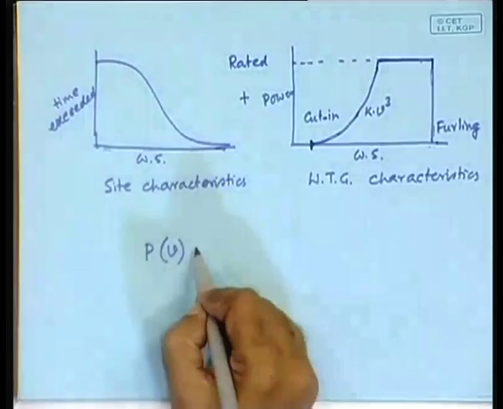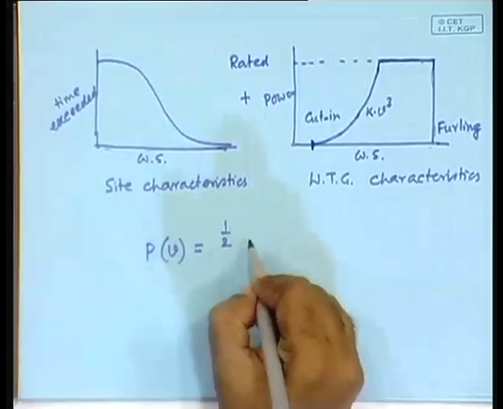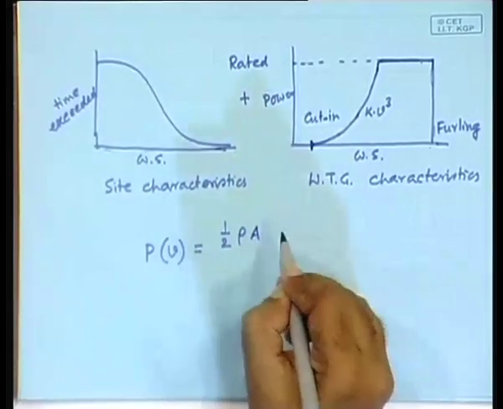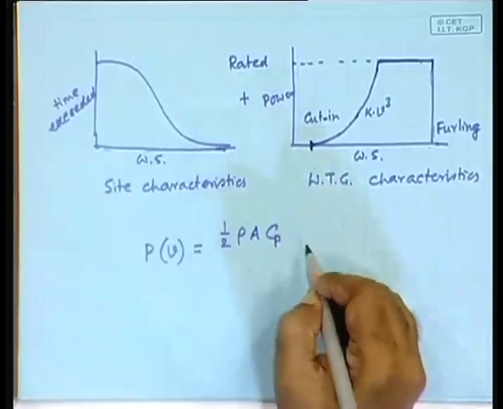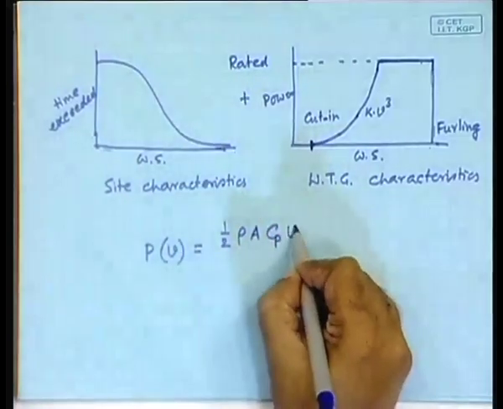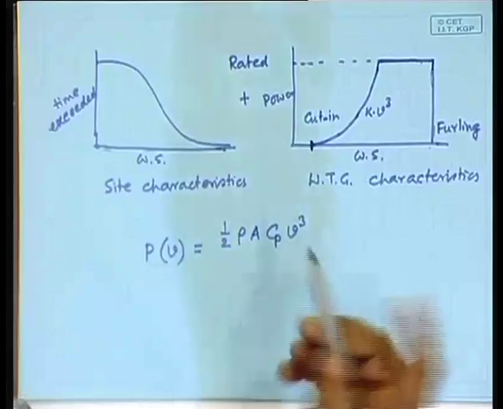You can easily see that it will be half rho A Cp times small v cube. Small v is 2/3 of V infinity.